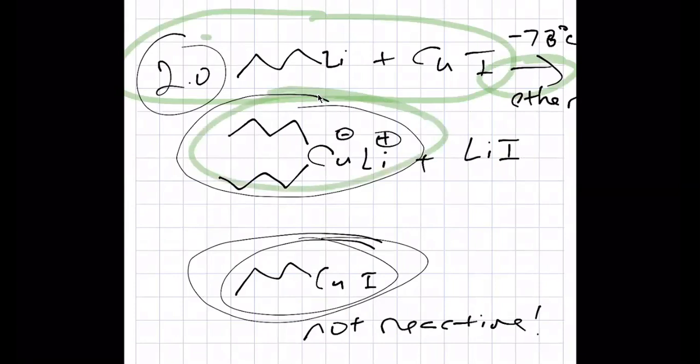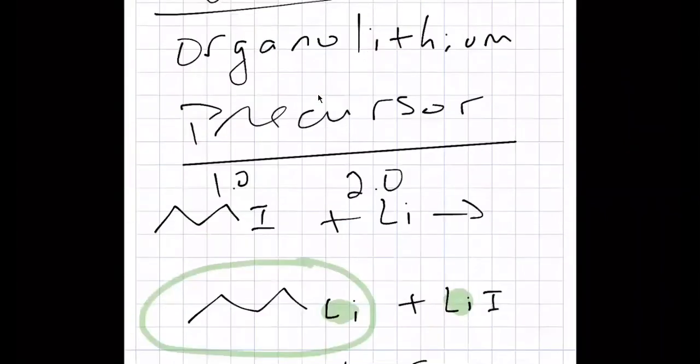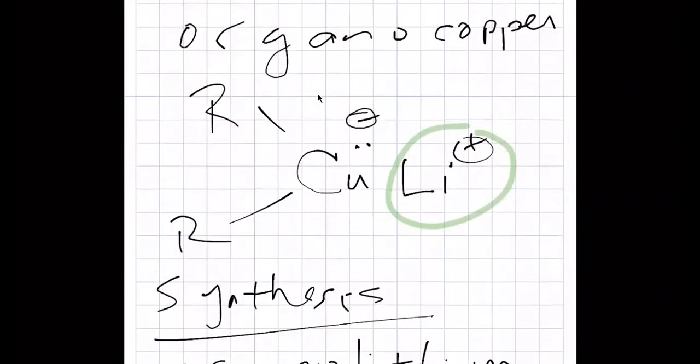So you take 2 of these plus copper iodide, and that gives you the cuprate. Is that what you're asking? Yeah, so that cuprate right there with the chain is the same as the cuprate that we initially got with the 2 R's. Yes, you mean up here? Yes, that's what I was asking. The chains are actually the R groups. This is just a generic way of showing it.